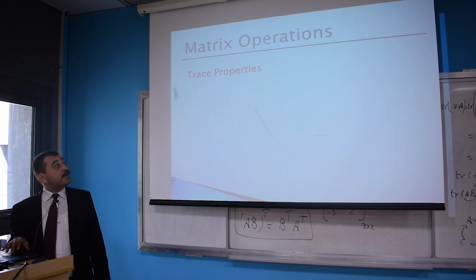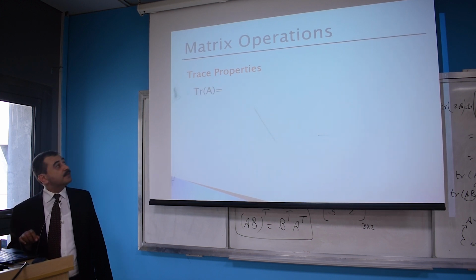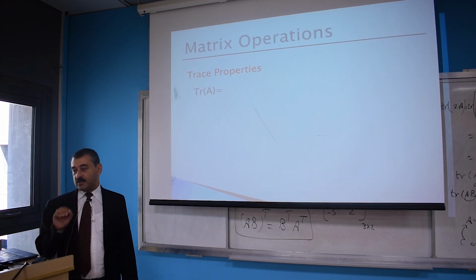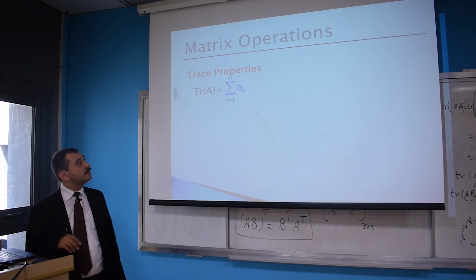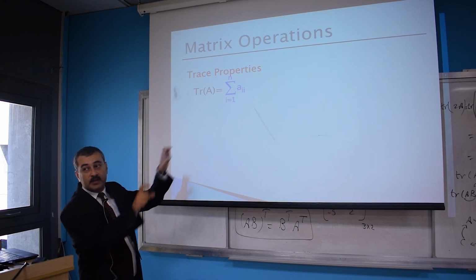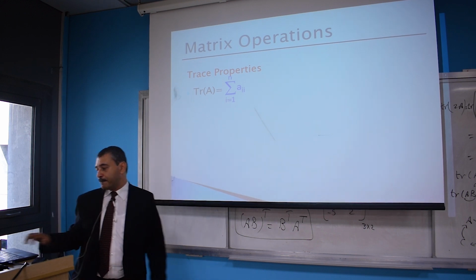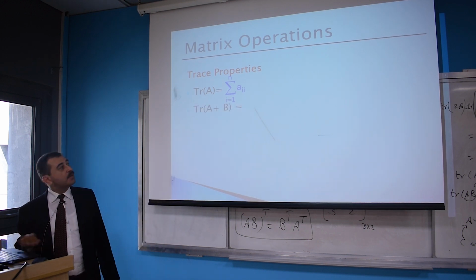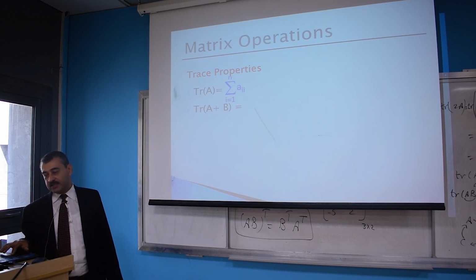So let's summarize the properties of the trace. The definition of the trace, as we said, is the sum of the diagonal entries, which is A11 plus A22 plus A33, or in compact form, summation of Aii. Trace of the sum equals the sum of traces.